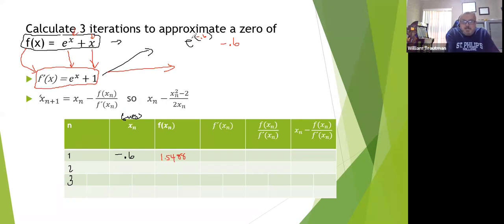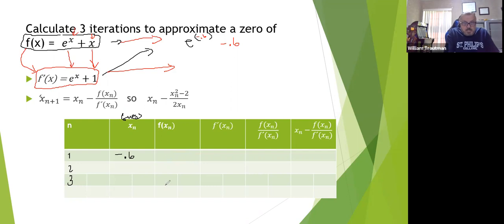That's definitely the wrong answer. I say there's no way I came up with that answer. So let's try that again. I was looking at the derivative when I was plugging it in. You have to plug it into the original function. e to the negative 0.6 and then minus 0.6.